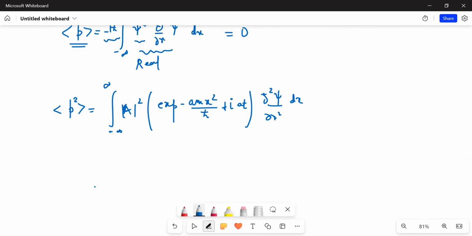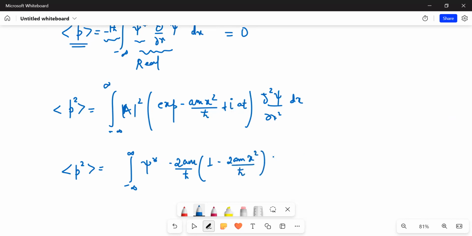So what I'll do, I'll simply write this expectation value of p square is equal to the integral from minus infinity to plus infinity of psi star, and I already know this is equal to minus 2am upon h cut times 1 minus 2am x square upon h cut, and then psi and then dx.